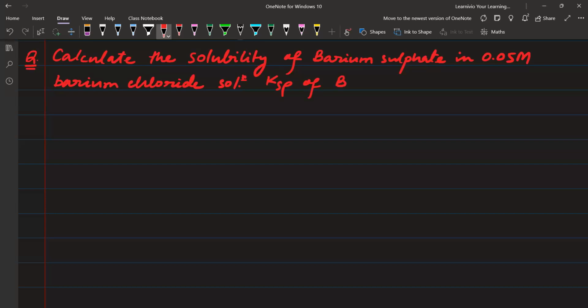KSP of barium sulfate is equal to 1.1 into 10 to the power minus 10 molar.